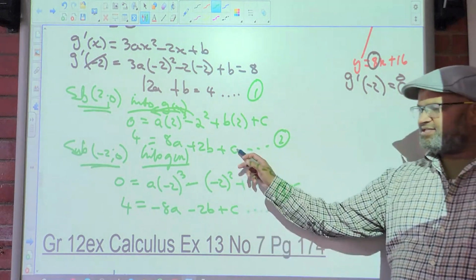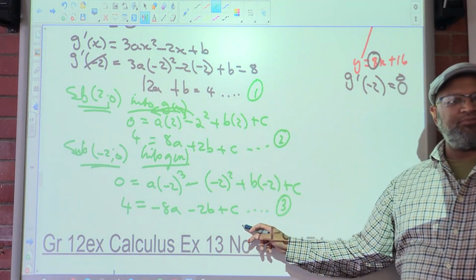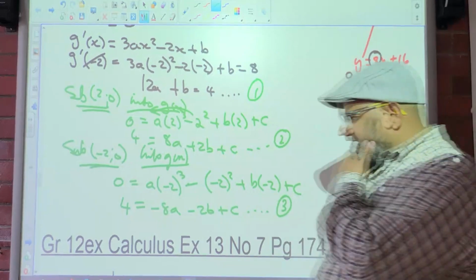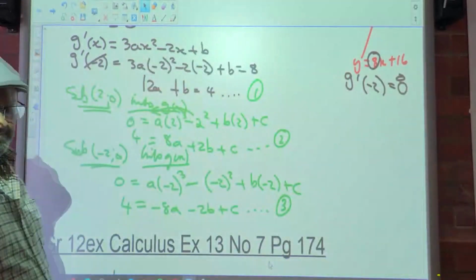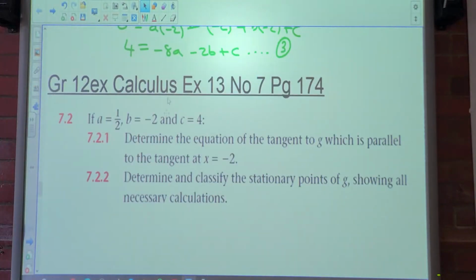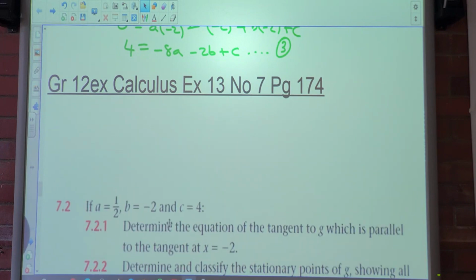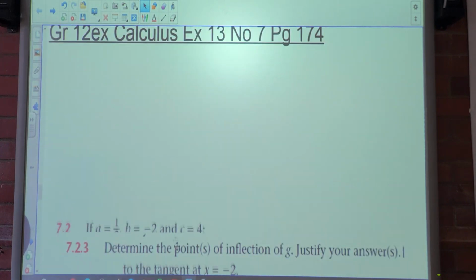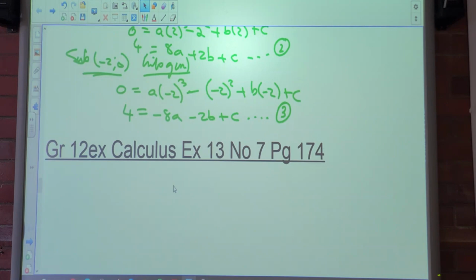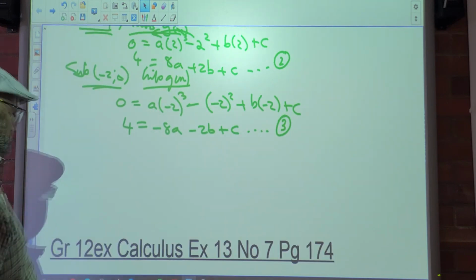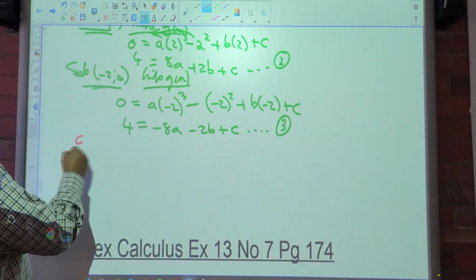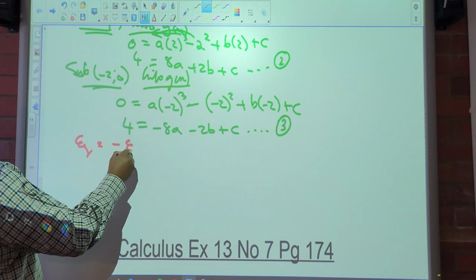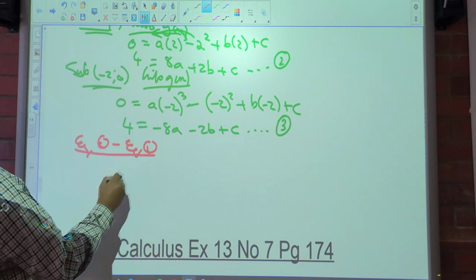So for equations 2 and 3, what can I do? I can eliminate c. Did you see that, people? Let's pull this down. You're going to say equation 2 minus equation 3.